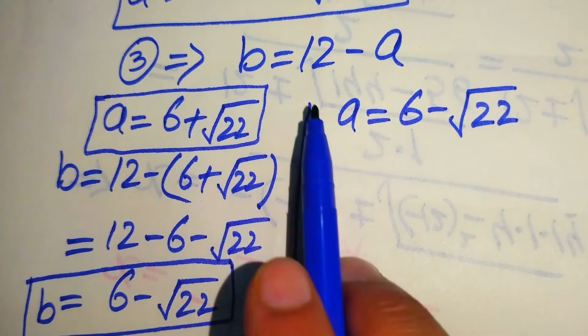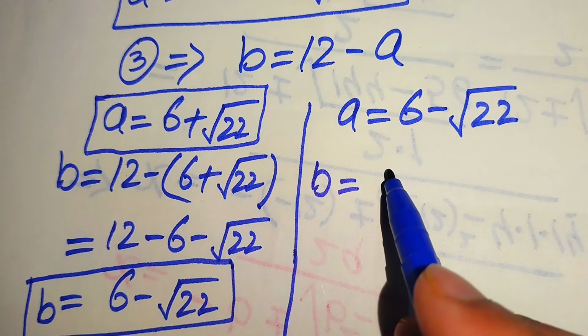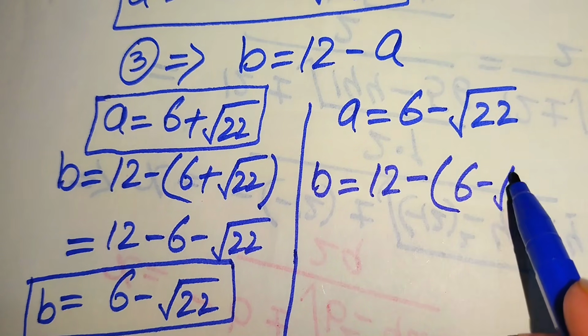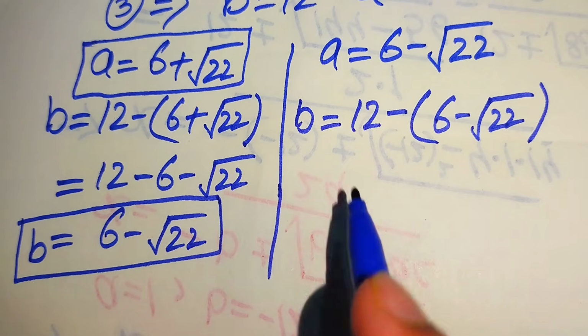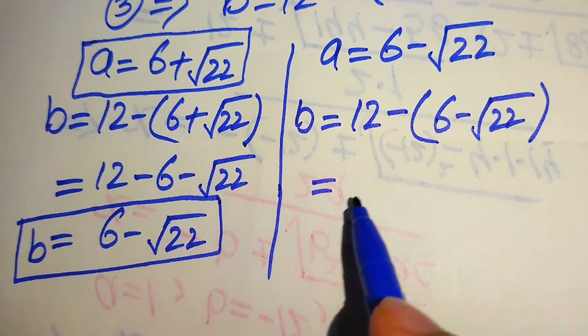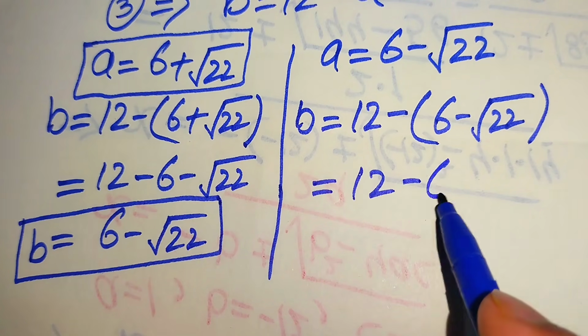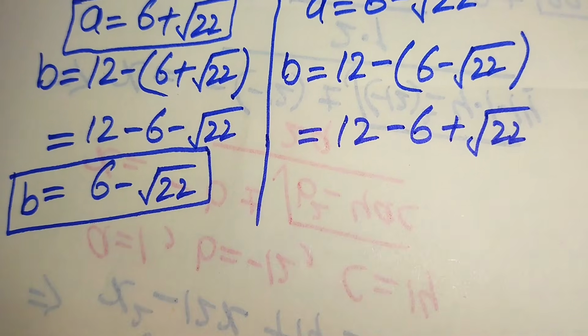Now in order to find the other solution, we substitute this value of a here, and we get the corresponding value of b. So we have b is equal to 12 minus a. The value of a in this case is 6 minus square root of 22. Further in the next step, we have 12, and we multiply this negative sign on each of these values, and it will be written as minus 6 plus square root of 22.